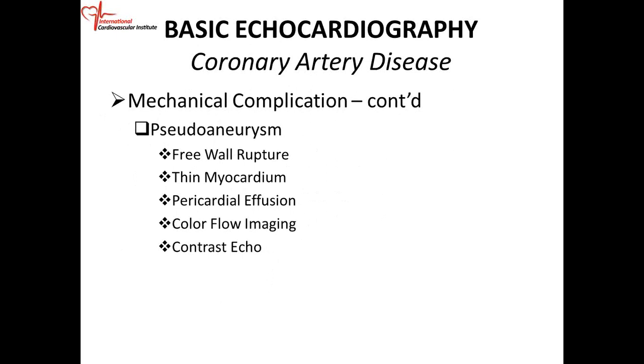But we usually talk about the differentiation between a pseudoaneurysm and a true aneurysm. One of the differentiating features is that a pseudoaneurysm has a narrow neck as opposed to a true aneurysm where you have a large neck.